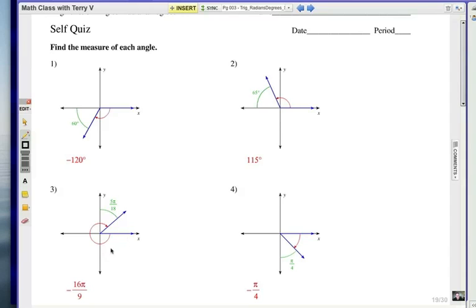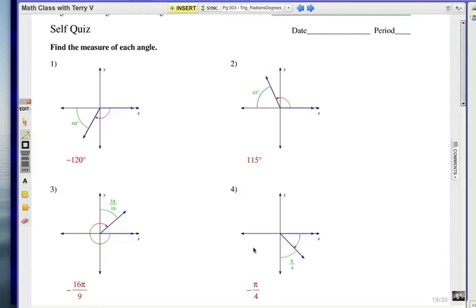Okay, so each quarter turn is going to be negative 9/18, negative 18/18, negative 27/18, and negative 32/18 by the time we add that amount, and 32 pi over 18 is reduced to 16 pi over 9, negative.